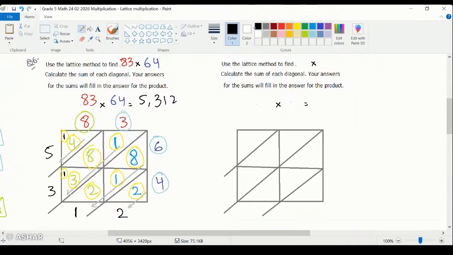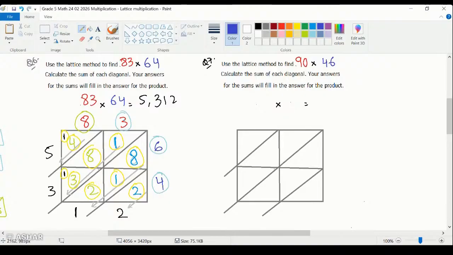Question number 7. Okay, this time I'll elaborate a little more. Okay, 90, let's check with a smaller number. 90 is to be multiplied by, let's say, 46, right?